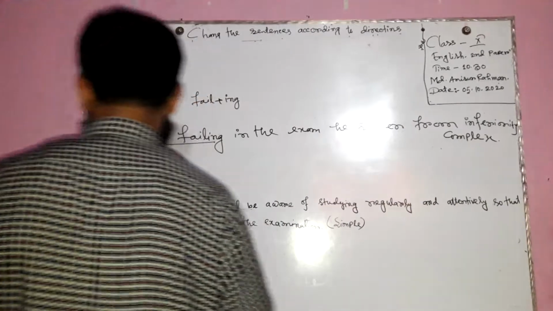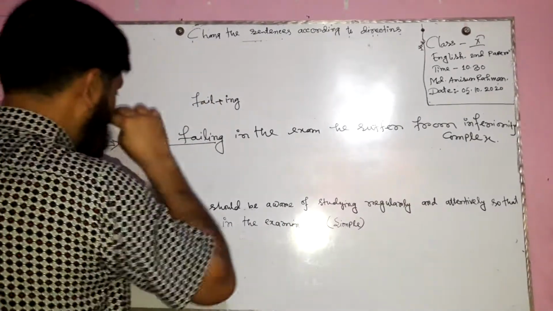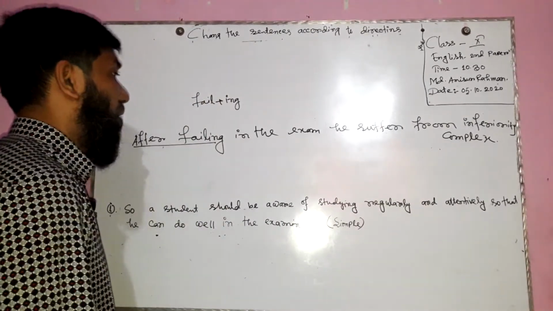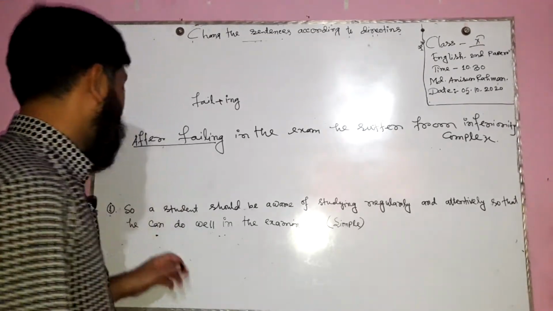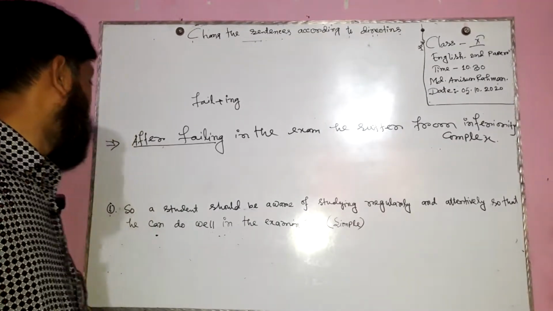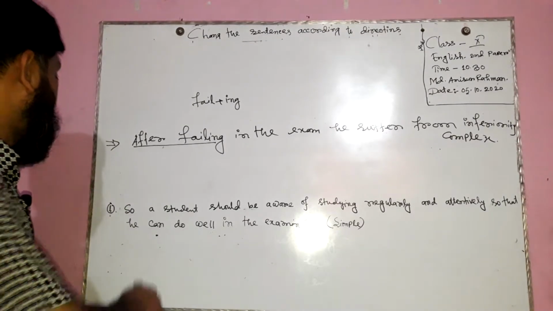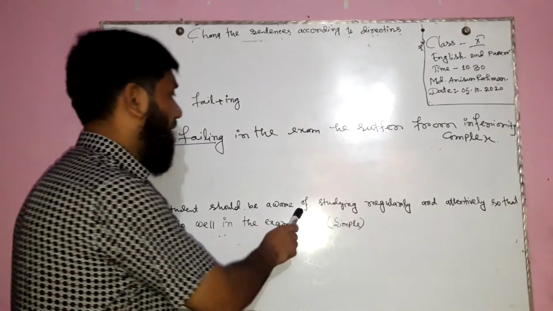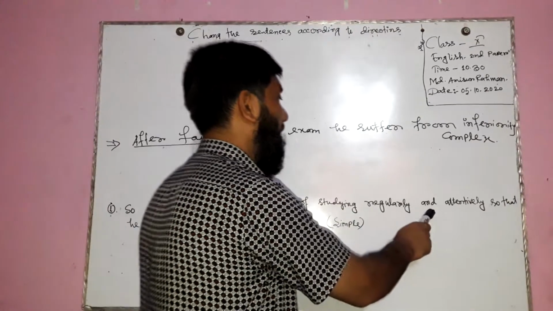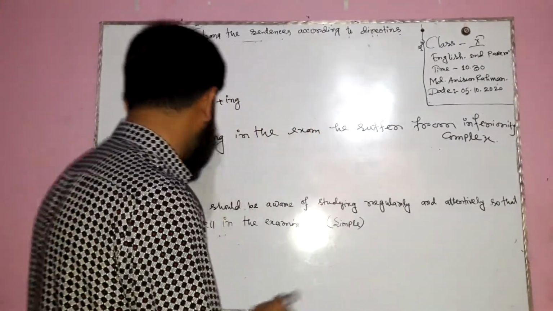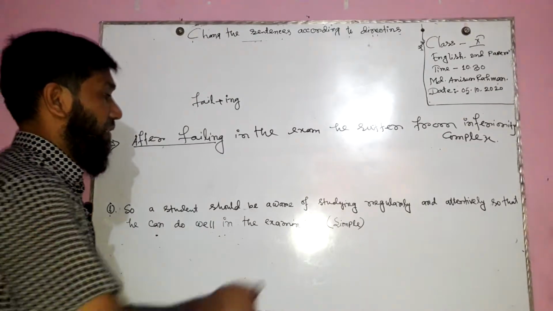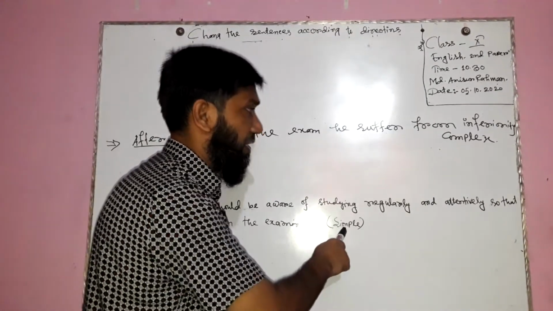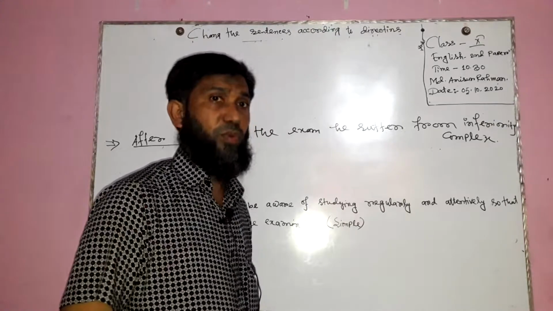Now number nine. So a student should be aware of studying regularly and attentively so that he can do well in the examination. The direction is to turn this sentence into simple.